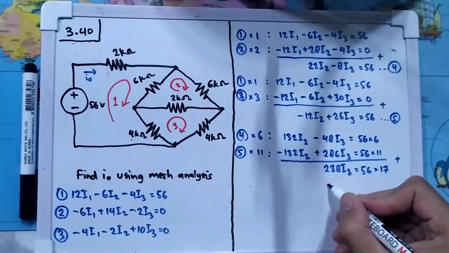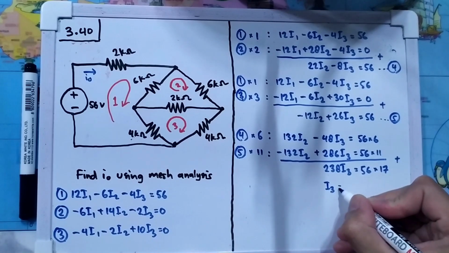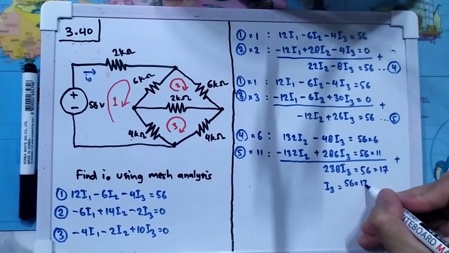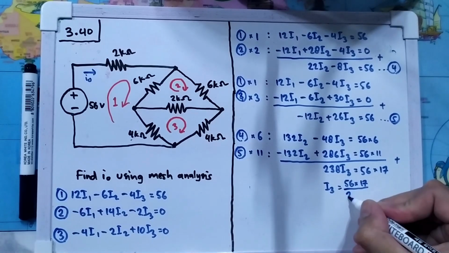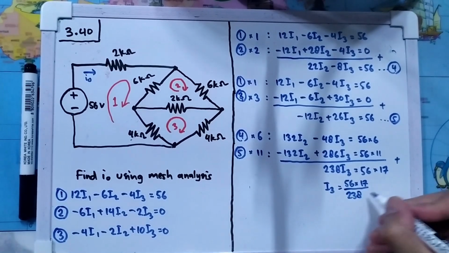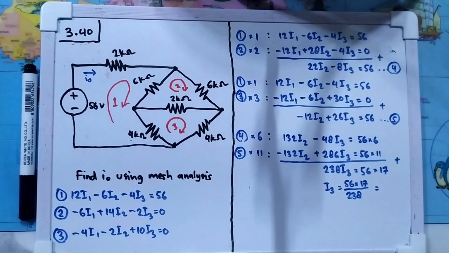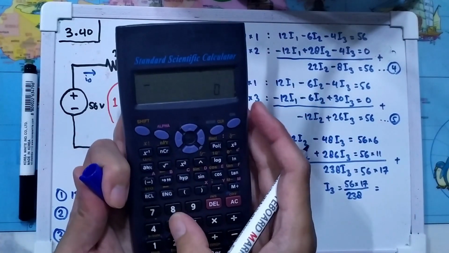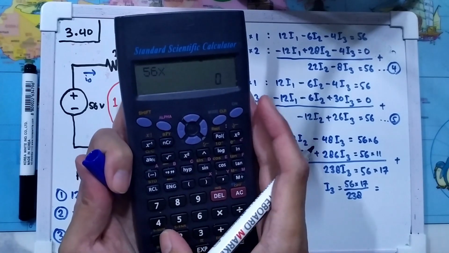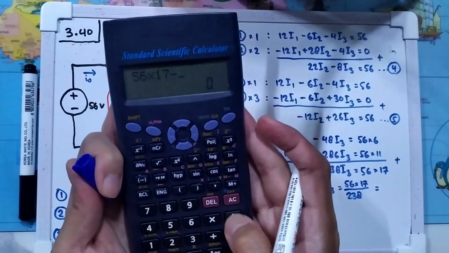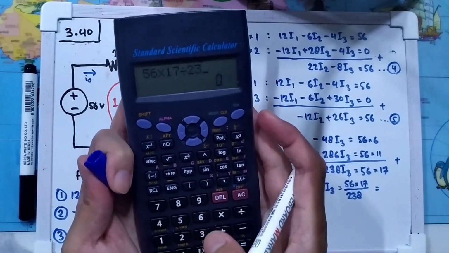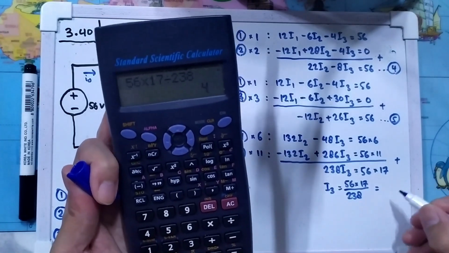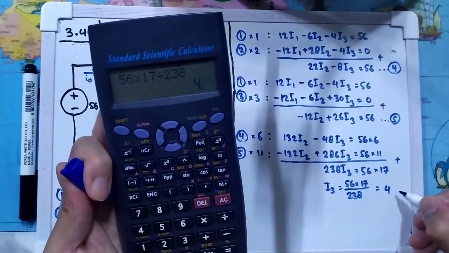So I will have I3 will equal to 56 times 11 divided by 238, and that will equal to, finally I have to use calculator. And that will equal to 4 milliampere.